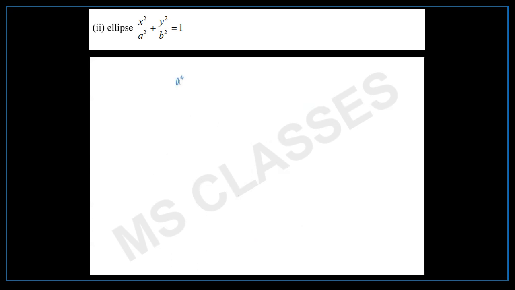So we write a square cos square alpha by p square plus b square sin square alpha by p square equal to 1. And this implies a square cos square alpha plus b square sin square alpha equal to p square.